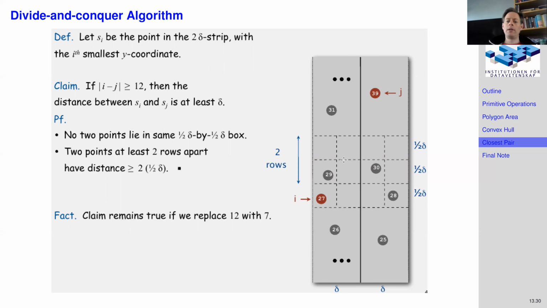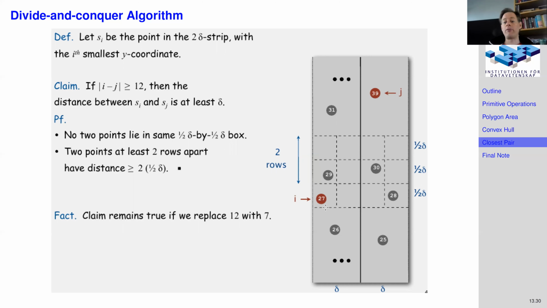We also know that there can only be points at least 2 rows apart. And why? Well, it's because by definition, this distance delta is the closest distance on either side of this. So it means that if they should be closer than that, then delta would have been smaller. So we can then see that there is at most 11 points that it can be away.